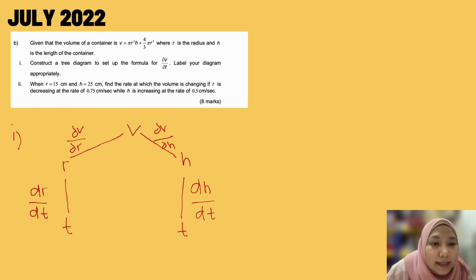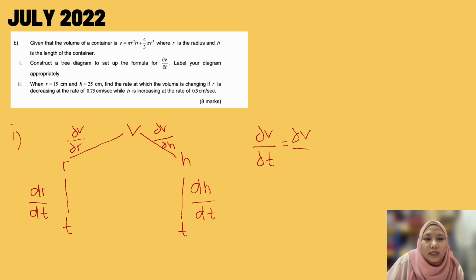To set up the formula for dV over dt, which is the rate of change for the volume, we have dV/dt equals, on the right hand side, dV/dr multiplied by dr/dt.